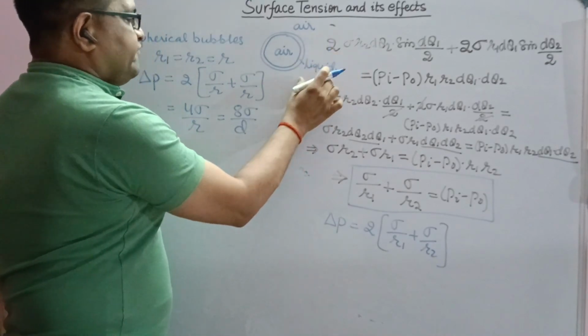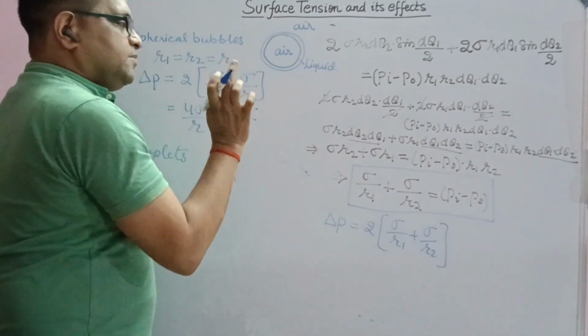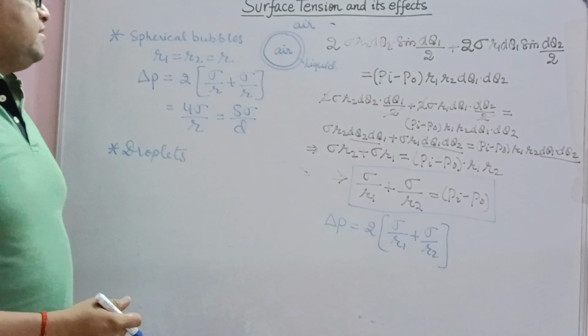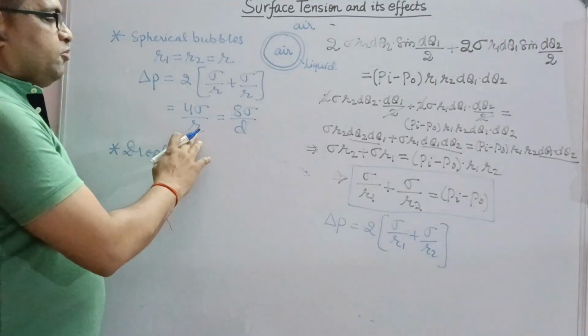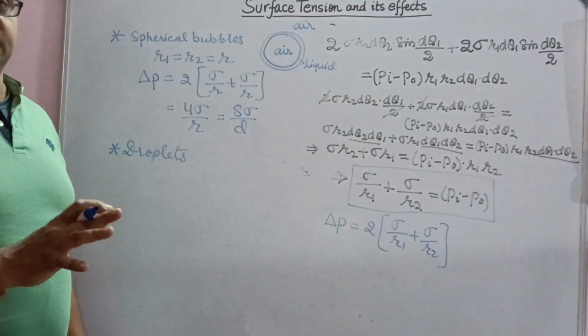So for both the interfaces, we will take sigma upon R, and there will be 4 sigma upon R or 8 sigma upon D of pressure difference.